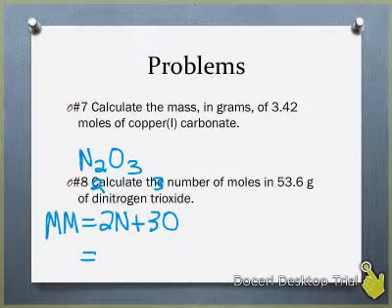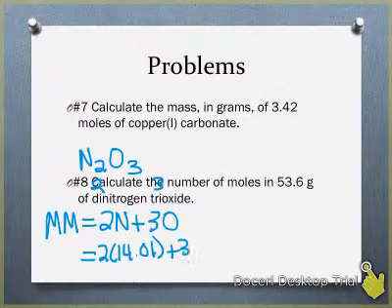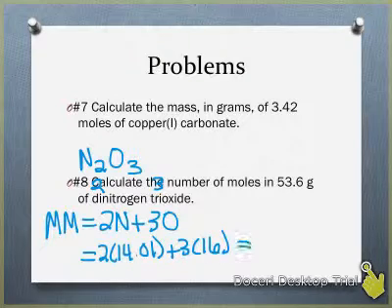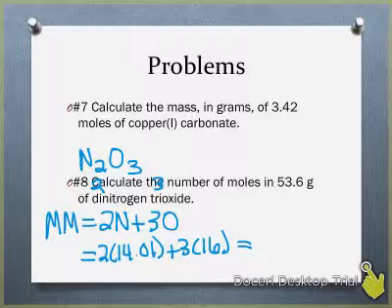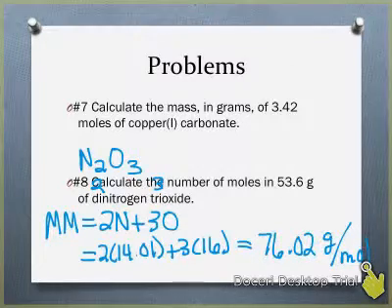So then I just plug in their masses from the periodic table. So 2 times 14.01 plus 3 times 16 is going to give me 76.02 grams per mole.